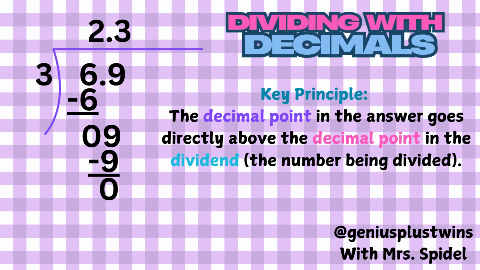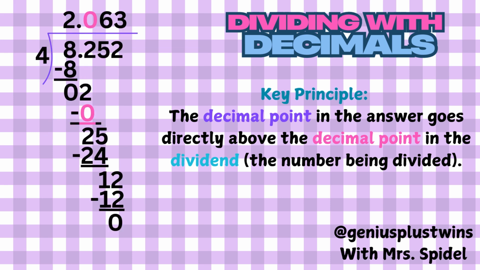My next step is to put the decimal directly above where it is in the question to the answer line. Then I bring down the 9 and determine how many 3's there are in 9. 3 times 3 equals 9, and I will have 0 left over. My answer ends up being 2.3.